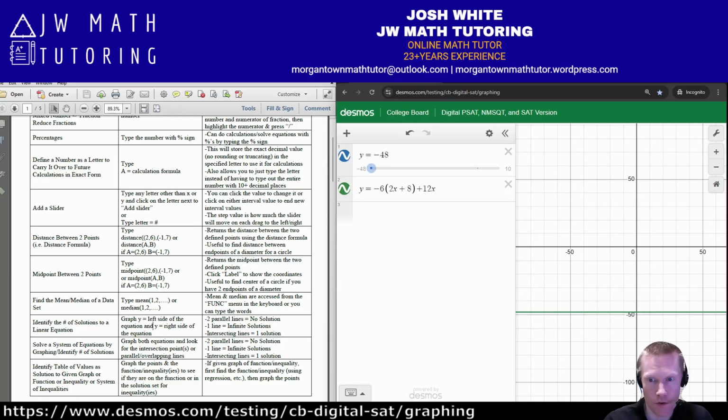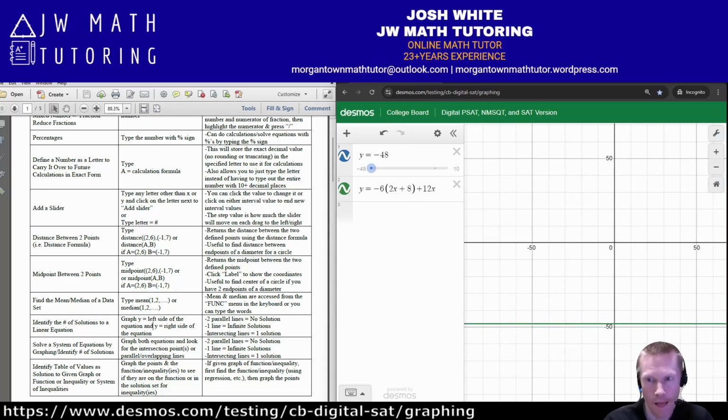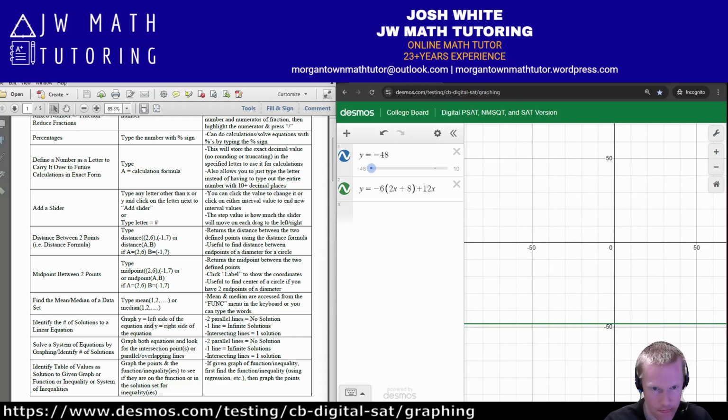So if you notice here, and just move this over a little bit, it looks like there's only one line on the graph. And if I turn this off, notice the blue line is directly underneath it. So what's happening here is we have one line overlapping, which means the answer to this question is infinite solutions.